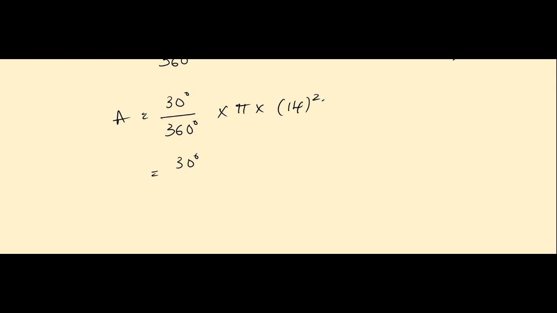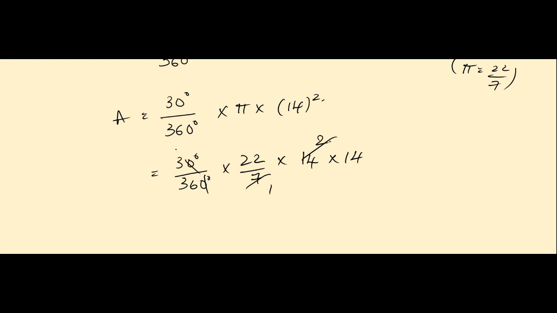Here we use pi is equal to 22 by 7. 30 degree divided by 360 degree into pi, 22 divided by 7, and I will write this 14 two times, or you can write it directly as 196. Here I will write it as 14 into 14. Why? 7 twos are 14, and 0 gets cancelled. 3 ones are 3, 3 twelves.